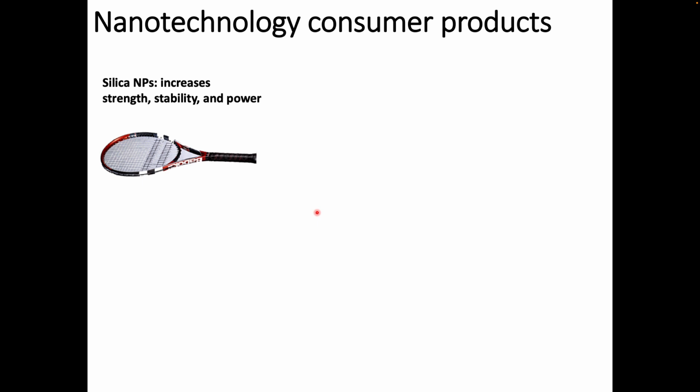And this is one example: when you embed silicon nanoparticles in sporting goods, you can increase strength and stability and power. Okay, so currently many sporting goods introduce various kinds of nanomaterials, and they advertise them as better products, right?